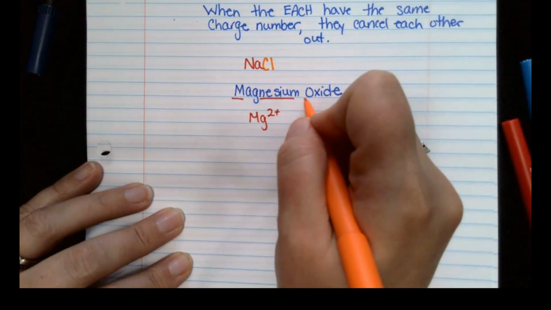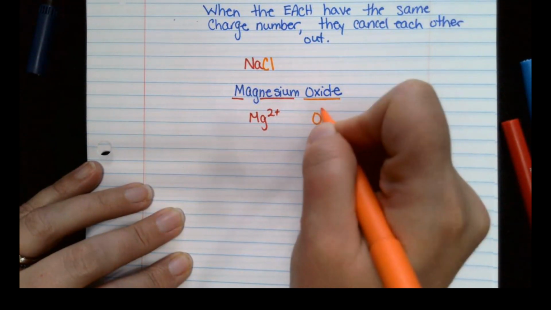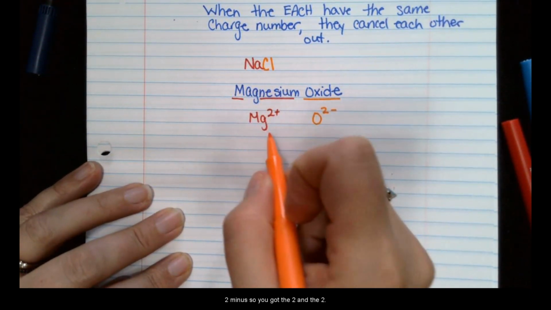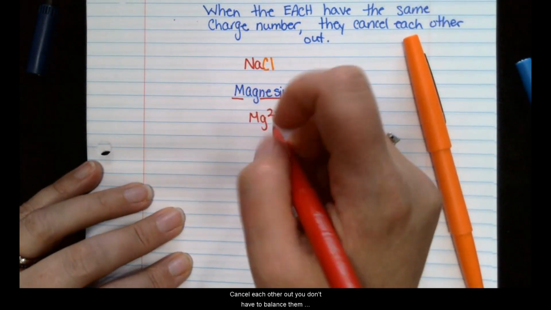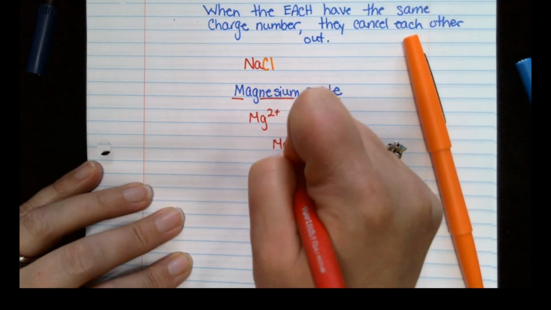Oxide is our anion, and it's O2 minus. So you've got the 2 and the 2. They cancel each other out. You don't have to balance them, so it just becomes MgO.